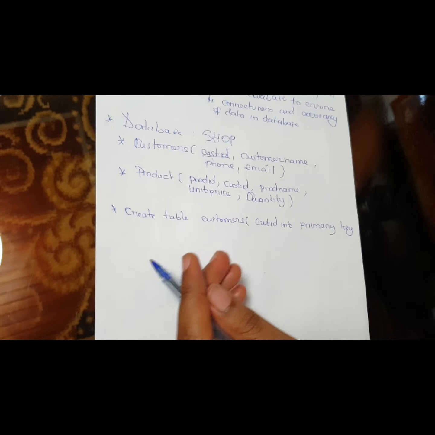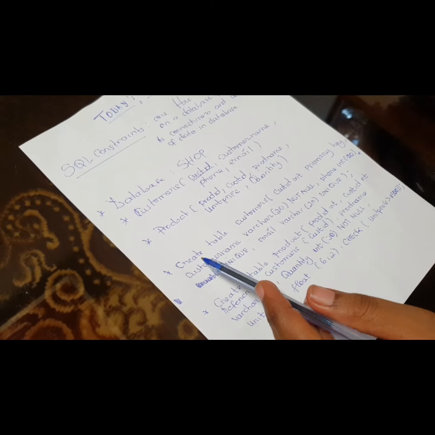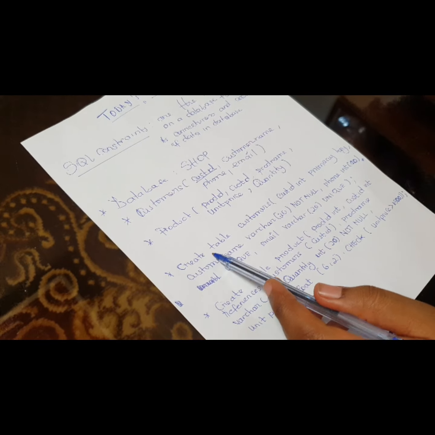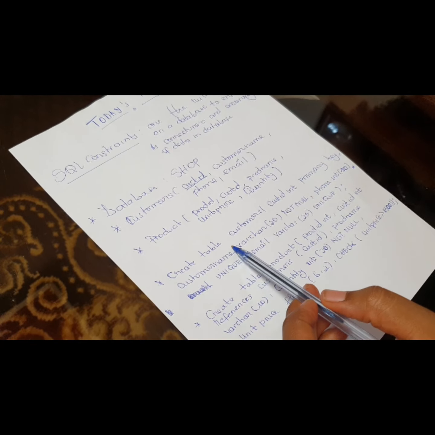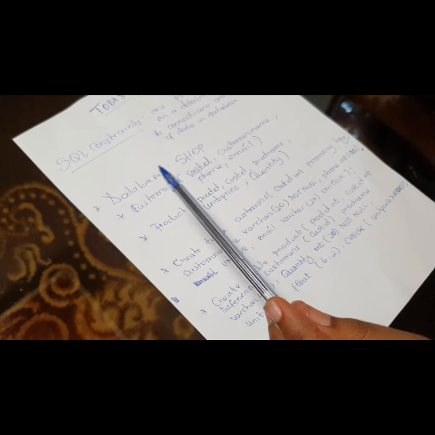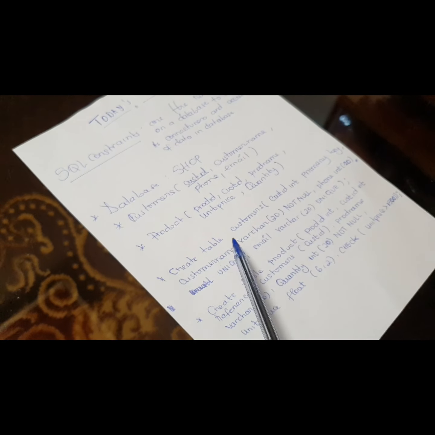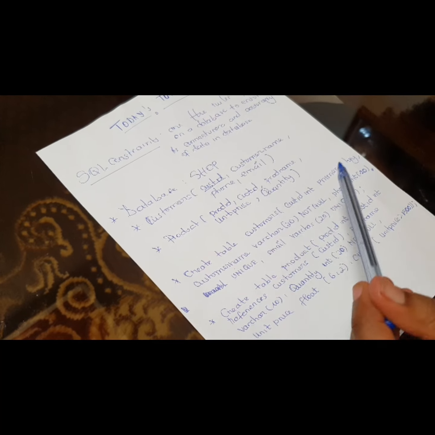Because primary key is a constraint, we are trying to create a table that contains SQL constraints. As I have shown above, our first table is called customers, so we are going to create table customers.